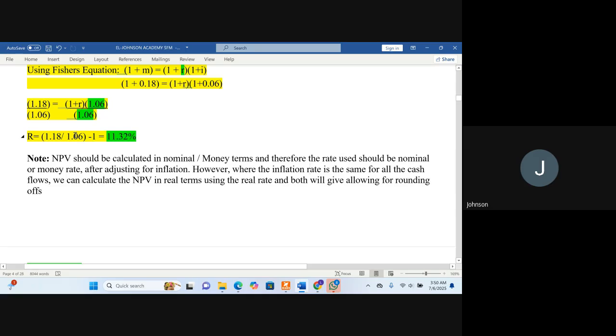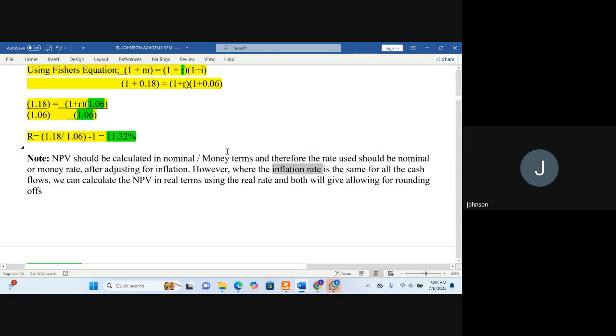Naturally, your NPV should be calculated with inflation. But if the cash flows you are given in the question all have only one inflation rate, that means the inflation rate is going to affect cash flow 1, and you also use the inflation to increase cash flow 2, cash flow 3. Then instead of you doing all that stress, don't do that.